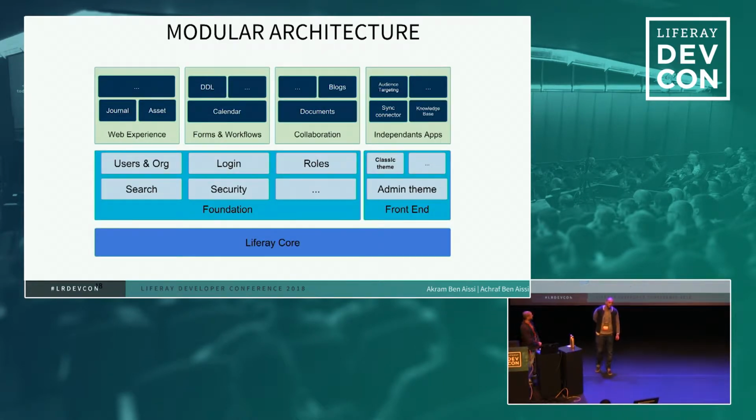So next we will see the modular architecture, and we can see we have 5 big categories of modules. We have the foundation and the front end. We have the workflow, forms and workflow, the collaboration, and the web experience layer.